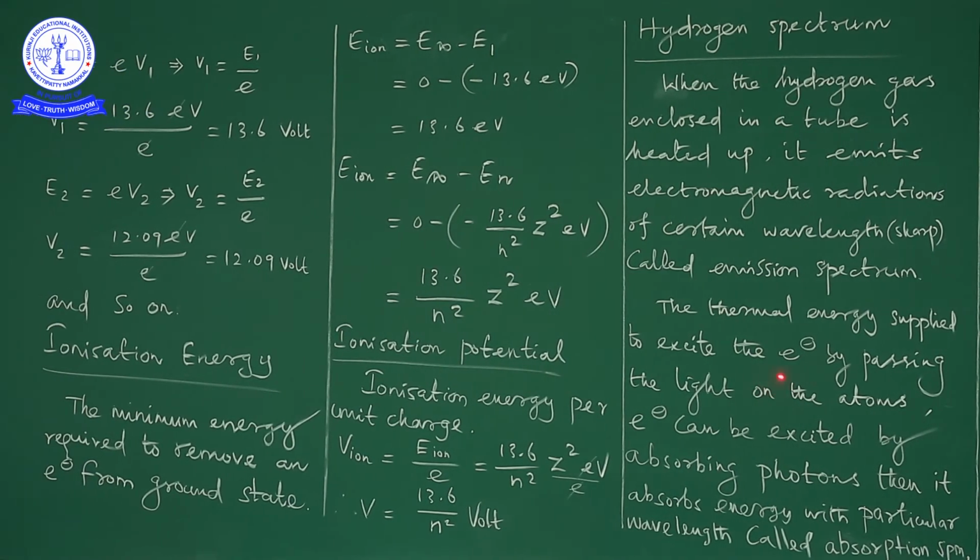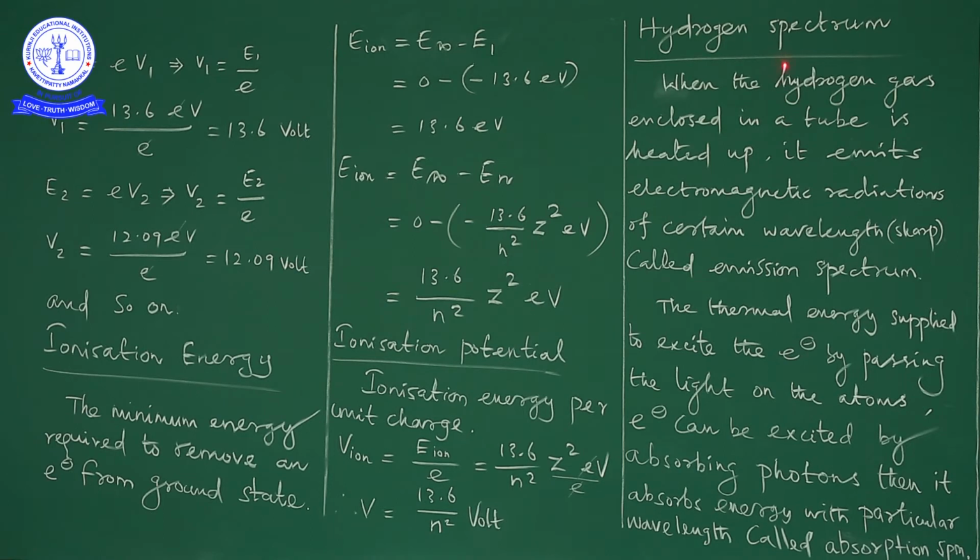Passing light on the atom means the electrons present in a state are excited by absorbing photons. Then it absorbs energy with a particular wavelength. When we get particular wavelengths absorbed, it is called the absorption spectrum. When we get certain wavelengths emitted, it is the emission spectrum.